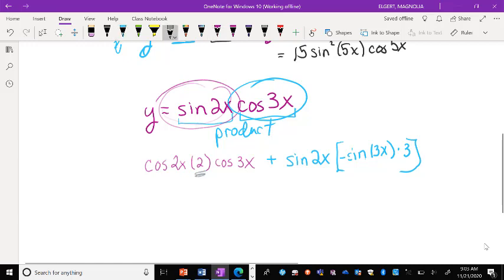This 2 is a coefficient. It doesn't go with the angle. So I get 2 cosine of 2x, cosine of 3x, minus, because this negative can come in front, 3 sine of 2x, cosine of 2x. So there's some examples. If you're not in class, also I'll try to put a couple videos from the book on there.